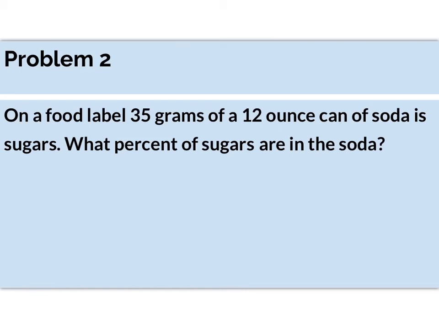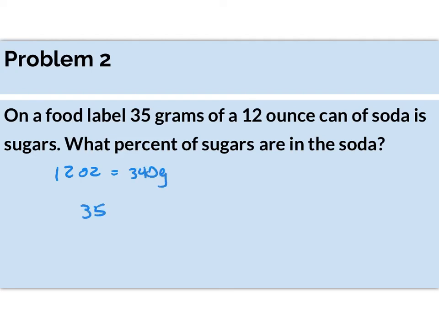The first thing you have to do is convert 12 ounces into grams, and we're going to need a conversion factor for that. So typing 12 ounces to grams into a conversion calculator, just type that right in your calculator. 12 ounces equals about 340 grams. And this is our whole.